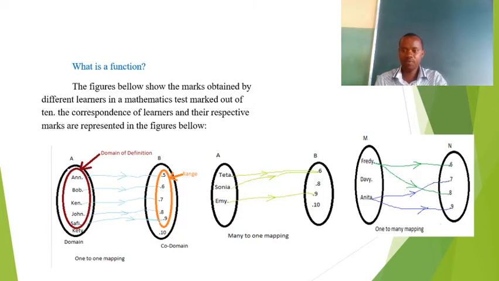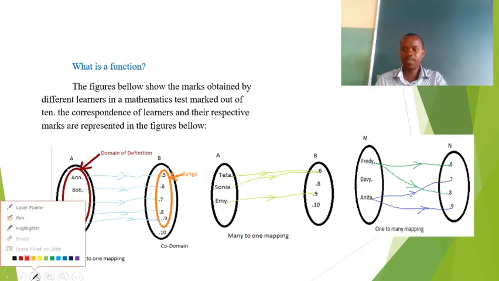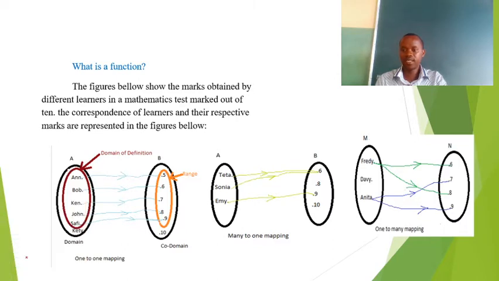Let us come to the first figure. We will see that in this figure Anna has 1 image, Bob 1 image, Kenny the same, John the same, Safi the same.